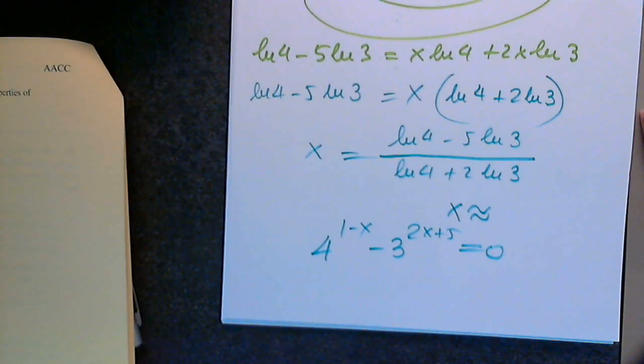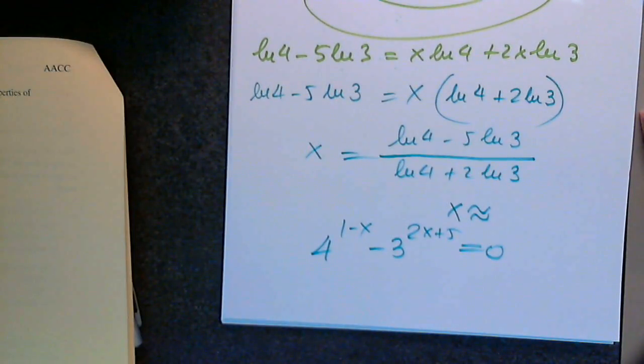So parentheses for the top. Parentheses, natural log 4 minus 5 natural log 3, divided by parentheses, natural log 4 plus 2 natural log 3.